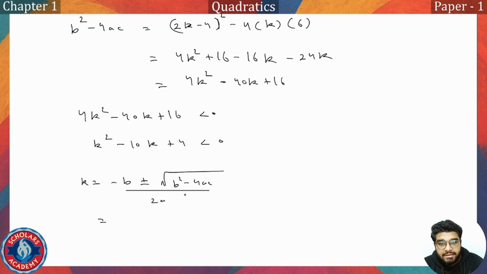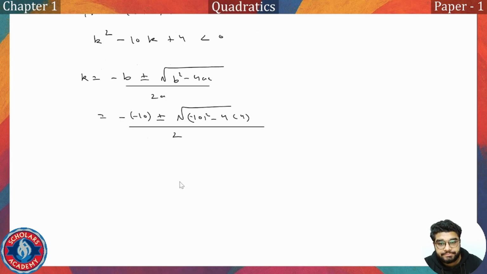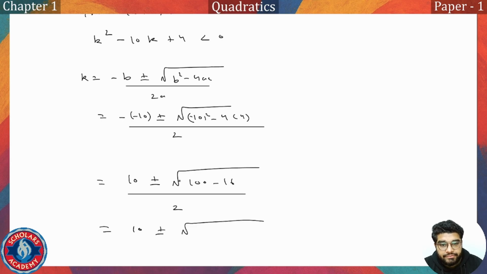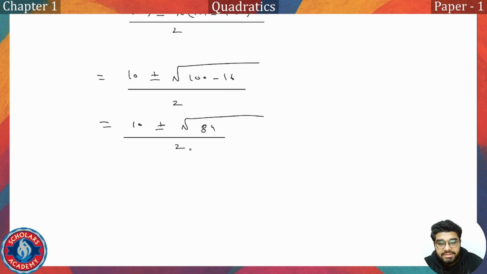So it will give me −(−10) ± √((−10)² − 4, a is 1 and c is 4), divided by 2a, that is 2. So what I get is (10 ± √(100 − 16))/2, so I get (10 ± √84)/2. These are the two values of k.